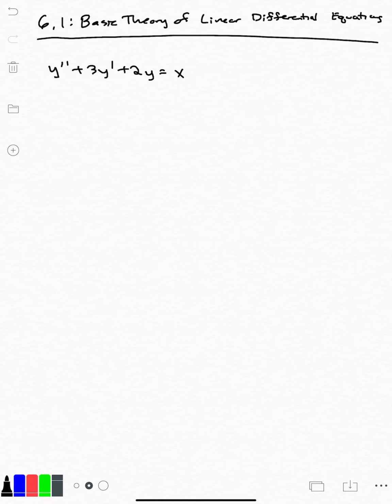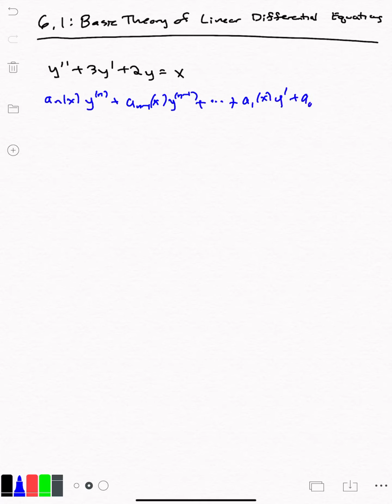And the whole idea of it being linear was that you need to have it in the form: some coefficient of x with the nth derivative, plus some other coefficient, maybe involving x, with the next smaller derivative, all the way down to some coefficient of x with the first derivative and some coefficient of x with the regular function, equals some other function over here only involving x.